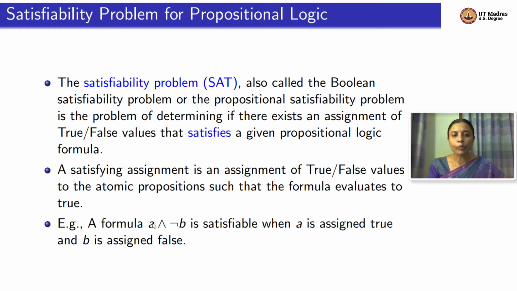Suppose I assign A to be true and B to be false, which will make not B true. So A is true, combined with an AND operator with not B, which is also true, and the formula A and not B becomes true. So this is a satisfying assignment: A being true, B being false is a satisfying assignment, and the formula A and not B is satisfiable.